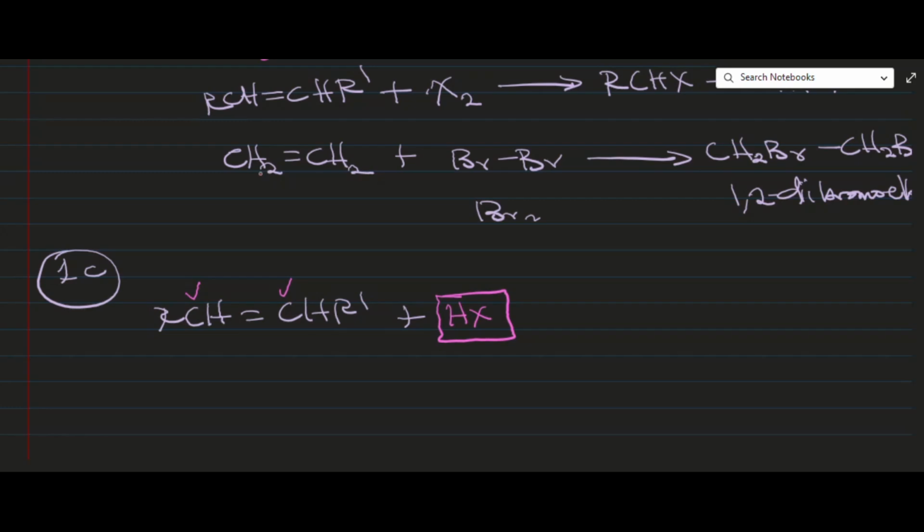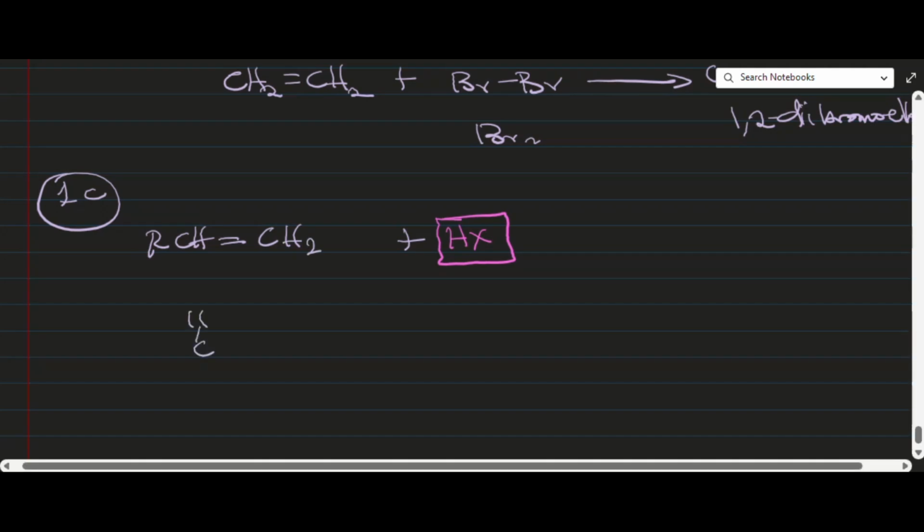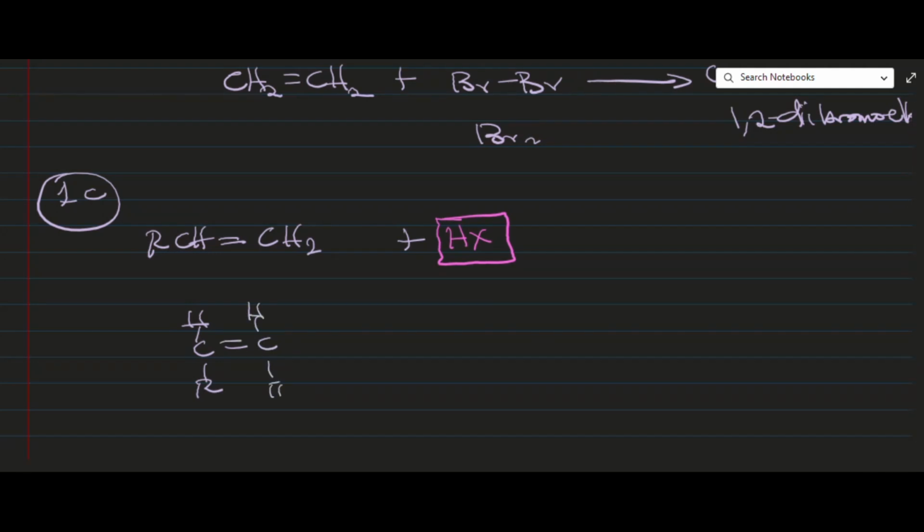So let's have a look at that. Let's show it so we'll be able to use Markovnikov rule. I will change this structure. I will write RCH double bond CH2, or I can draw it with H and R, CH and H. Of course, we've seen the carbon that will welcome the incoming hydrogen atom.